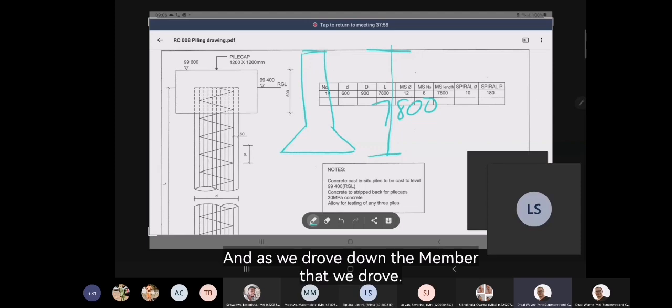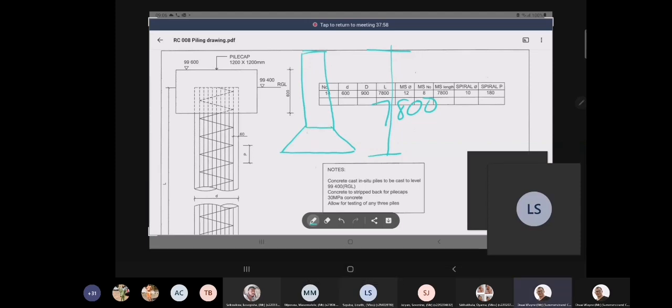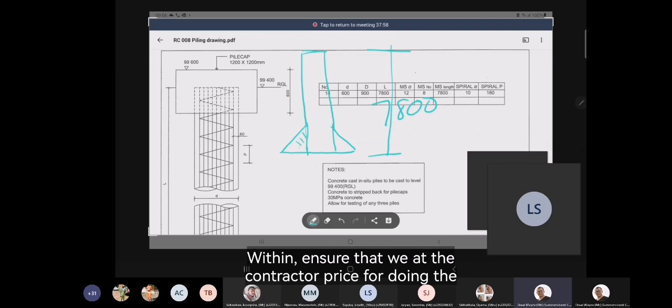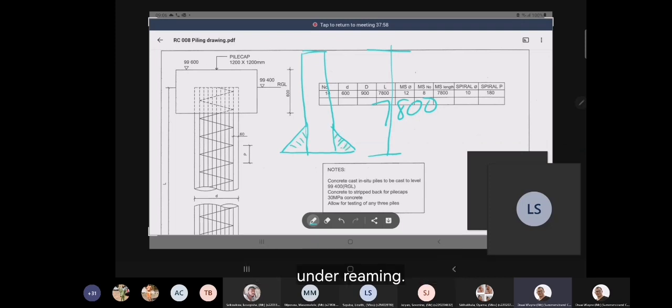And as we drill down, remember that we drilled all the way down to there. So that's 7 meter 800. We then ensured that the contractor had priced for doing the under-reaming. But now all of this that goes in here needs to be carted away.